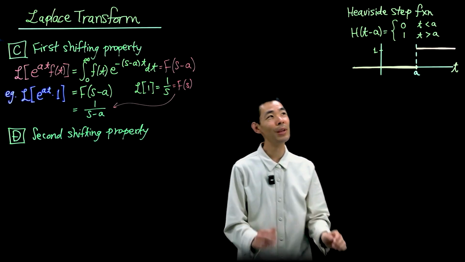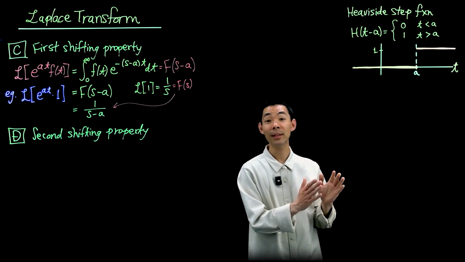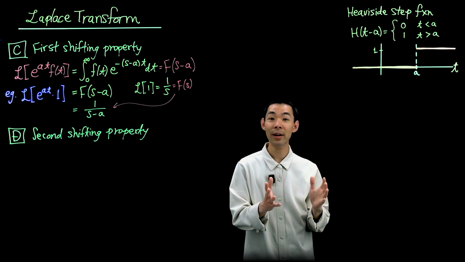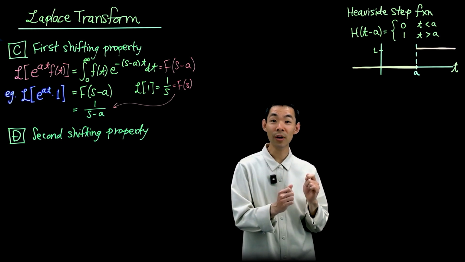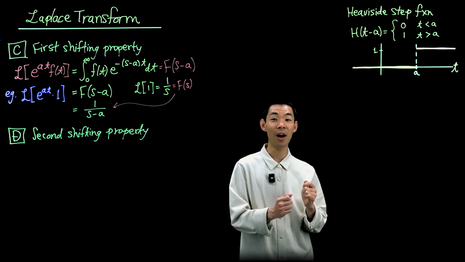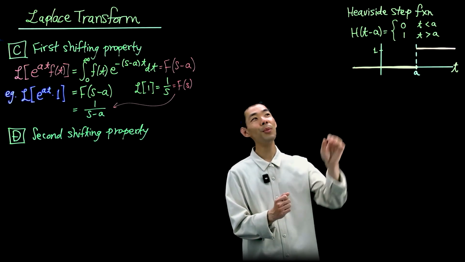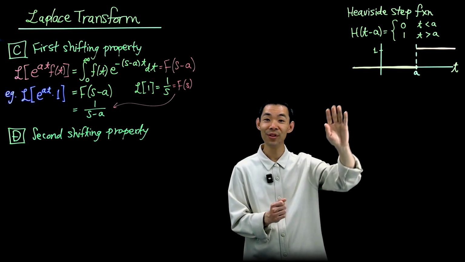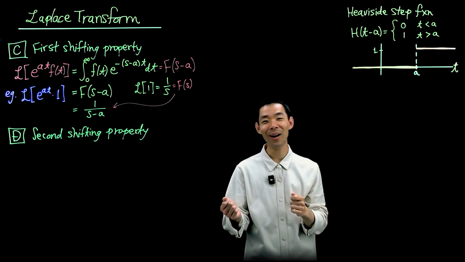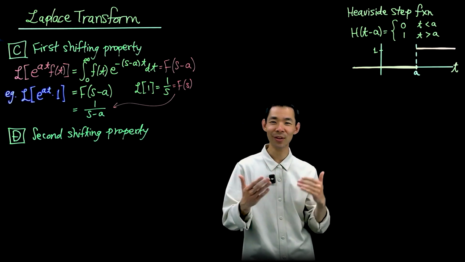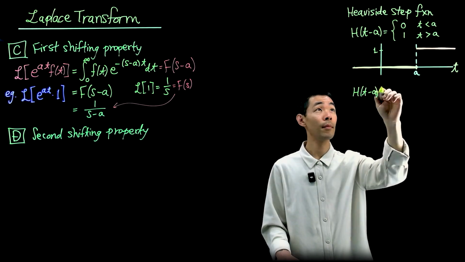Okay, so the reason why this function is very important is because in science and engineering, it's often used to turn functions on and off. Let's multiply this Heaviside step function by the function you want, and you can see how the function gets turned on or turned off.